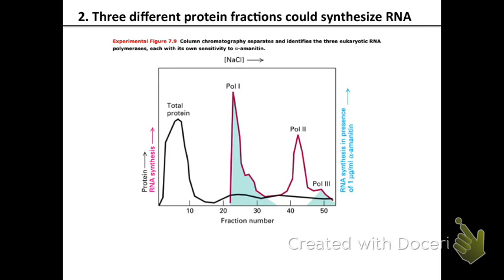Yeah, so basically the idea is very simple. What you do is you prepare a matrix, a gel matrix. It could be gel or it could be something else. Let's say this is a size exclusion chromatography, so it contains a lot of these beads. You take your cells, break them up and make a protein mixture.